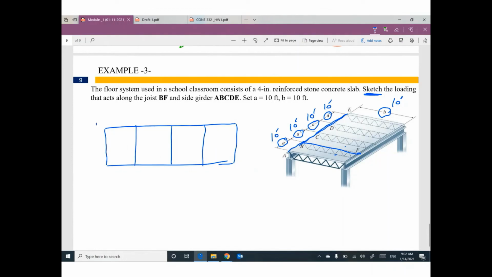So we have A, B, C, D, E. This one is F. We have 4 columns. And these dimensions will be 10 feet, 10 feet, 10 feet, 10 feet. And this dimension will be 10 feet.